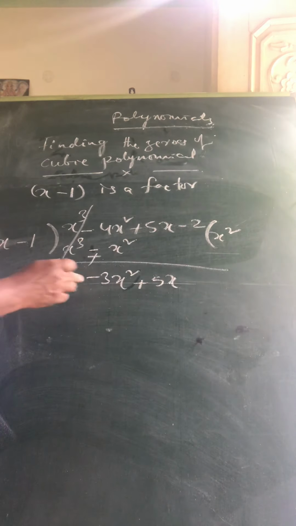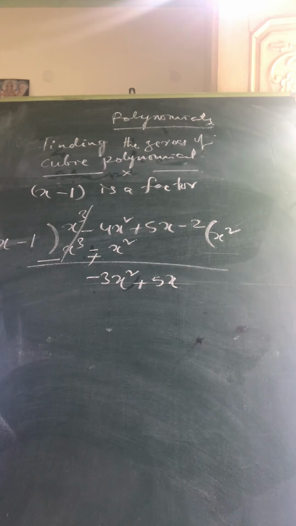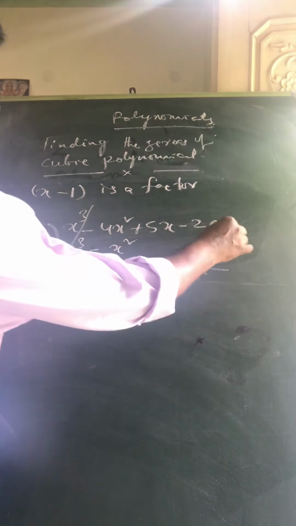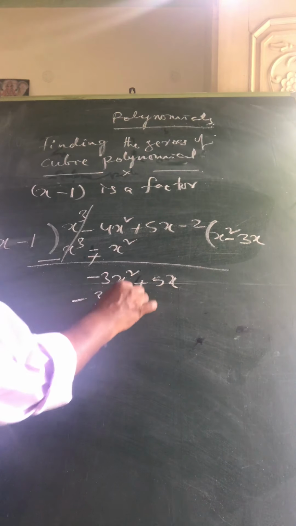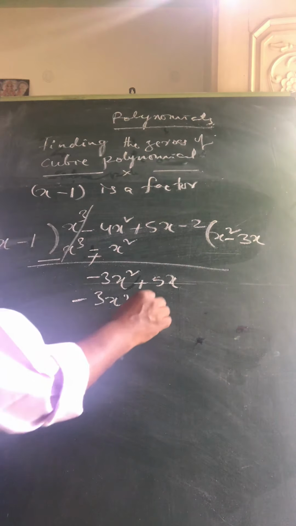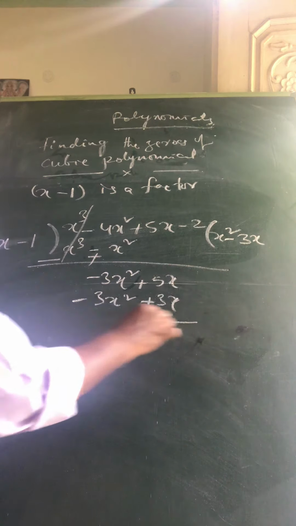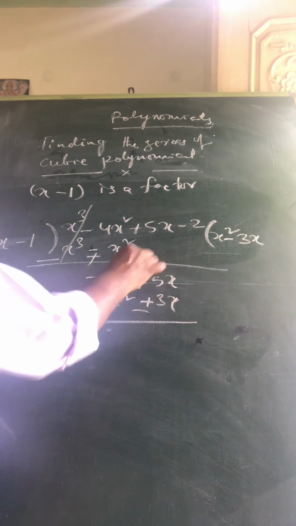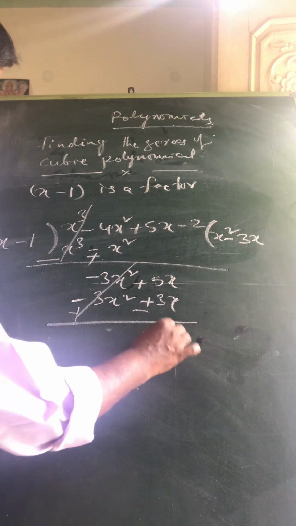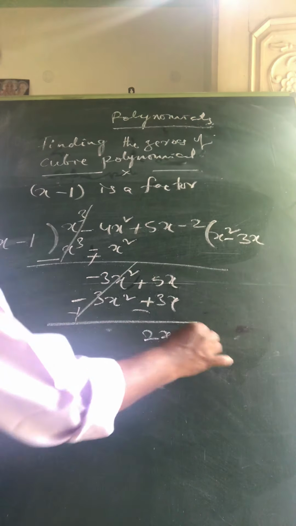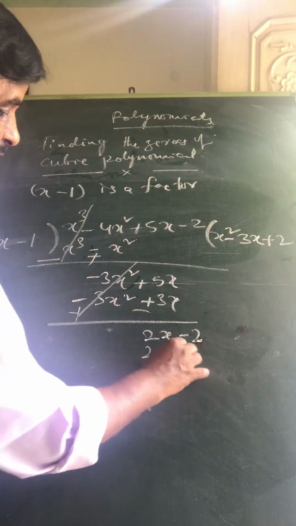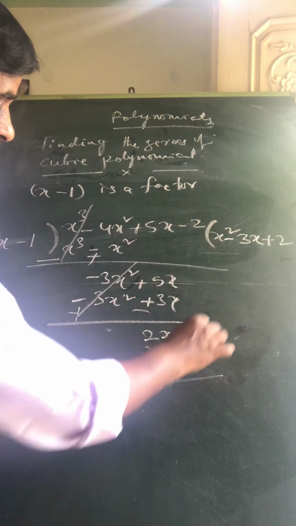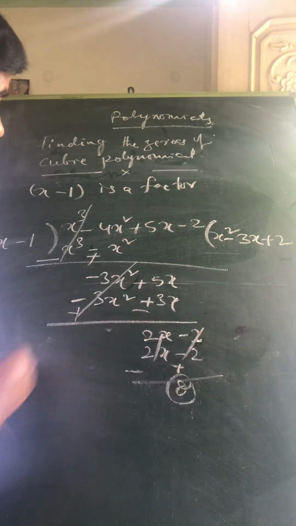Here minus 3x square, how many times should we take? Minus 3x times. Minus 3x into x is minus 3x square, minus 3x into minus 1 is plus 3x. Now plus minus cancel, here 2x minus 2. Then 2 times: 2x minus 2, minus plus cancel, the remainder is 0.